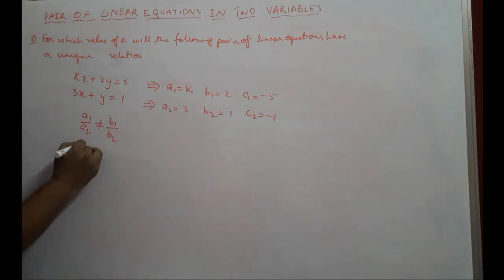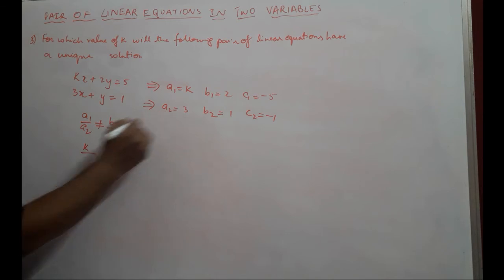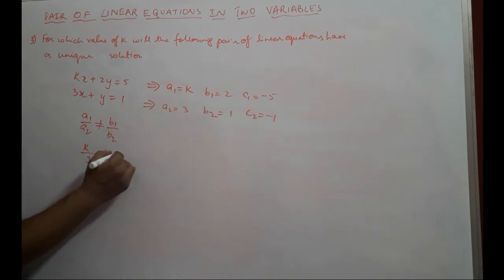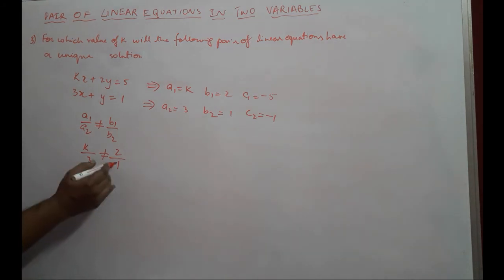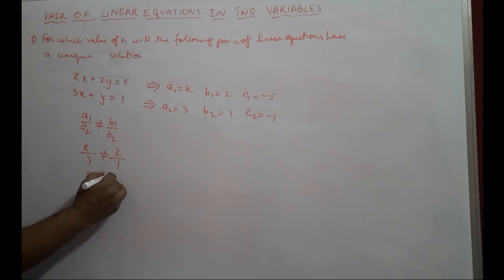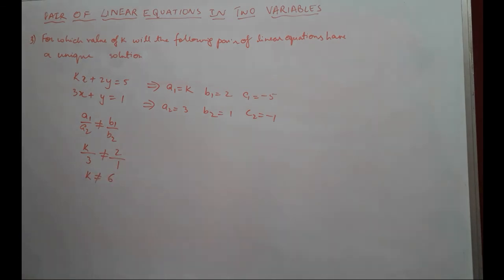So a1 is k, a2 is 3, this is not equal to, b1 is 2, and b2 is 1. Okay, so now we cross multiply: 1 into k is k, and 3 into 2 is equal to 6. So this implies that when the value of k is not equal to 6, we get a unique solution for this pair of linear equations.